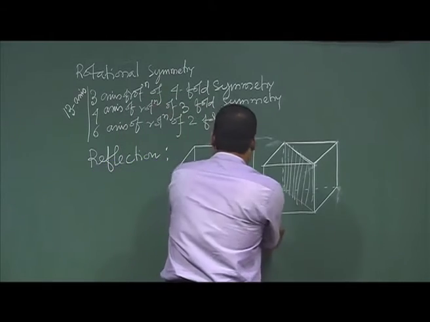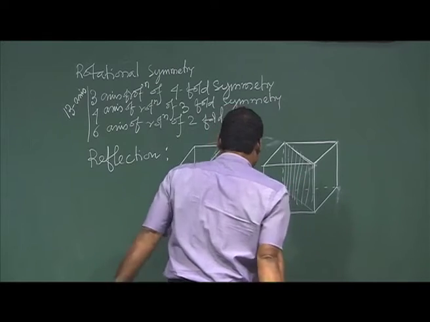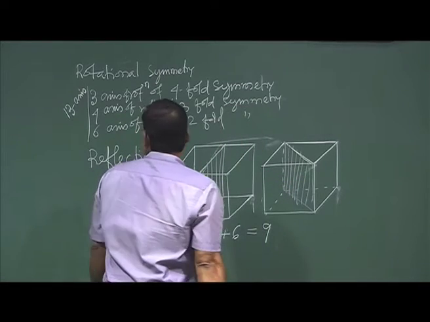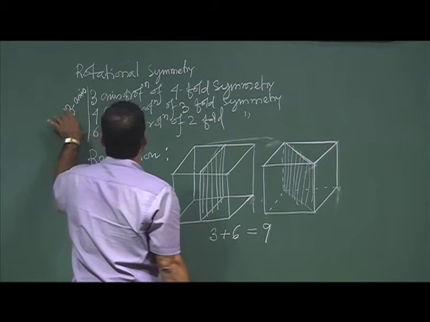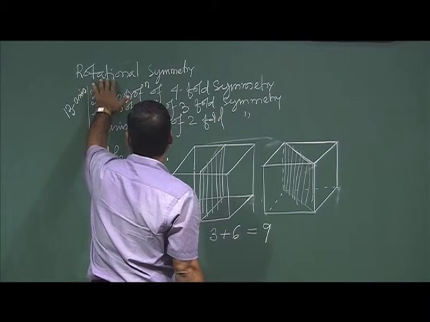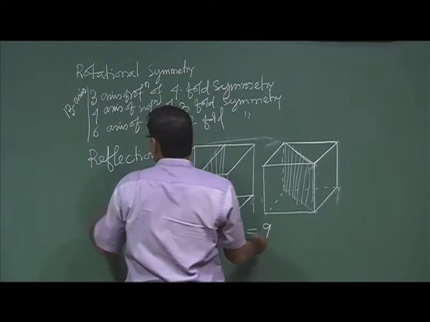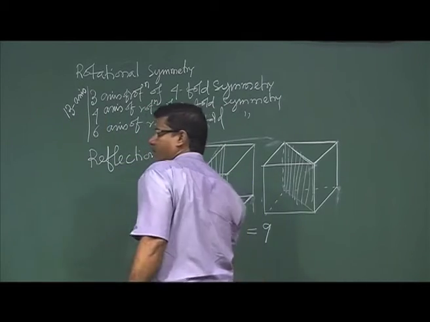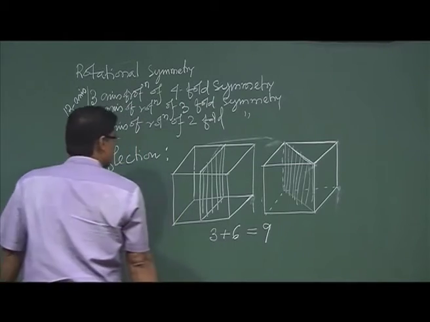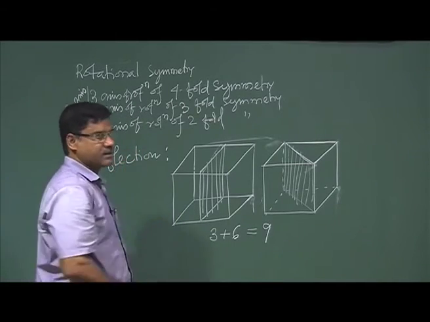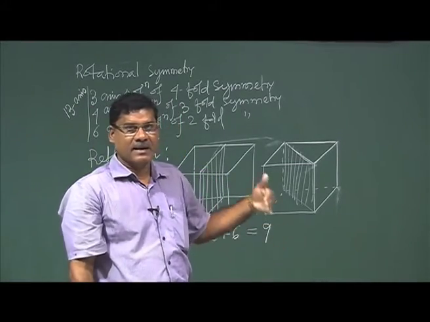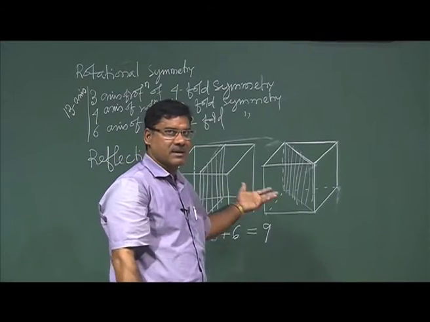All this rotational and reflection symmetry together gives basically 22 symmetry elements for the cube crystal. Here I have just taken the cube crystal, so that is why this is the number.